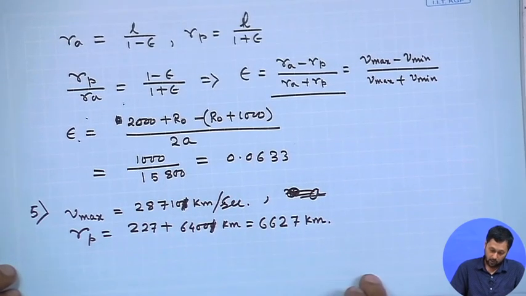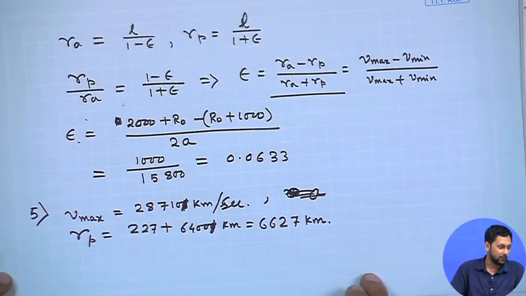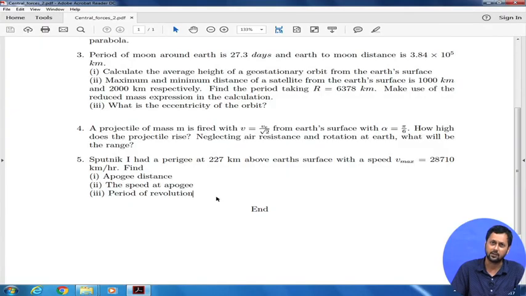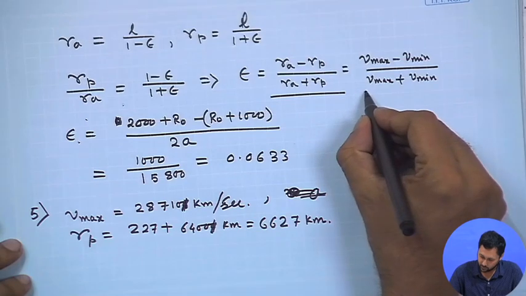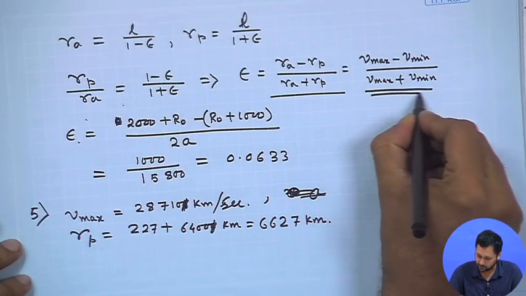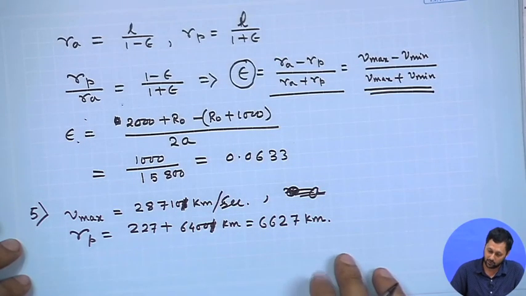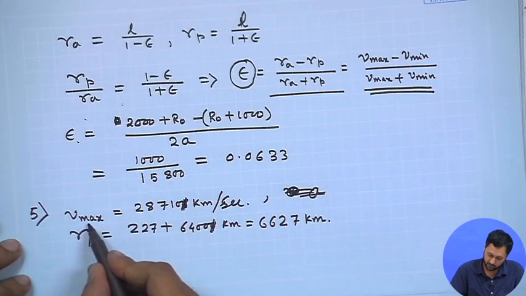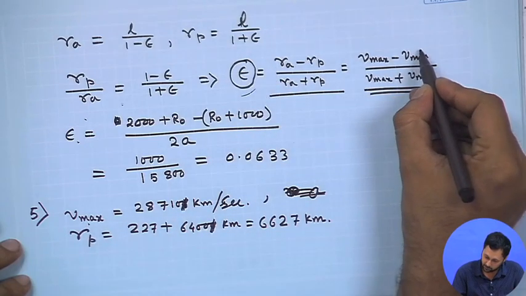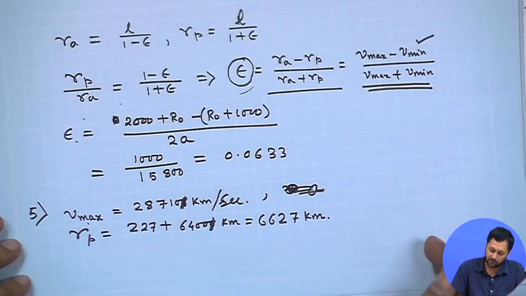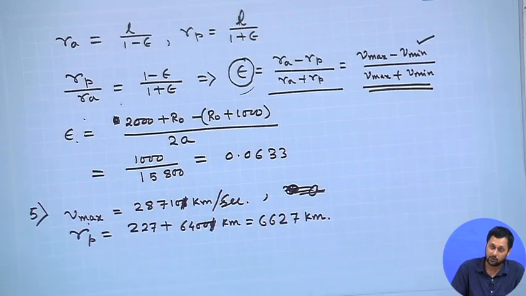Now, how can we use this information to calculate the speed at apogee, the apogee distance, the period of revolution, things like that? It is possible because if you come back here and look at this particular expression, if we can somehow get the value of eccentricity epsilon, and we already know V max, then we can immediately calculate V min, and once we know V min, calculation of R A is not very difficult.